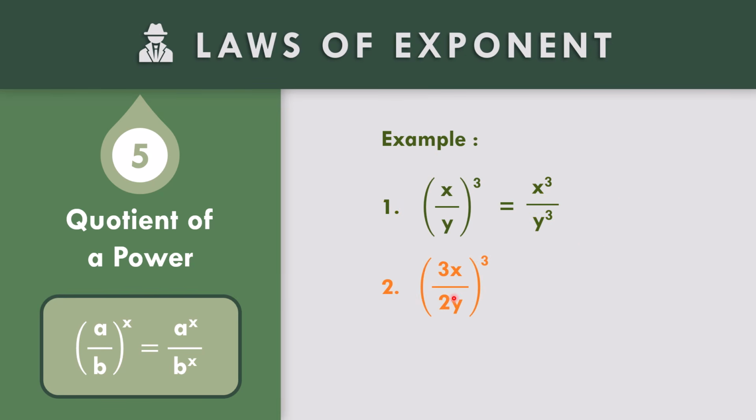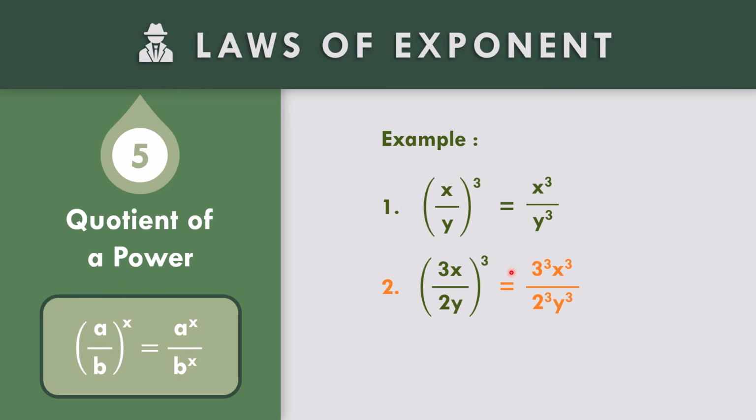How about number 2? So in number 2, first we need to solve the numerator. So that becomes 3 raised to 1 times 3, that is 3 cubed. And then x, 1 times 3, that is x cubed. While the denominator 2, 1 times 3, that is 2 cubed.